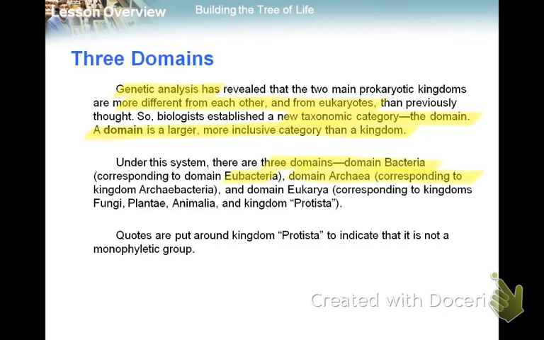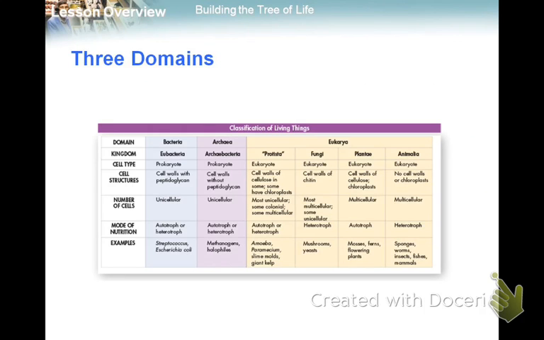Domain Archaea, corresponding to kingdom Archaebacteria, and domain Eukarya, which are all the rest of the kingdoms. We're putting Protista in quotes because it truly is like a miscellaneous category.